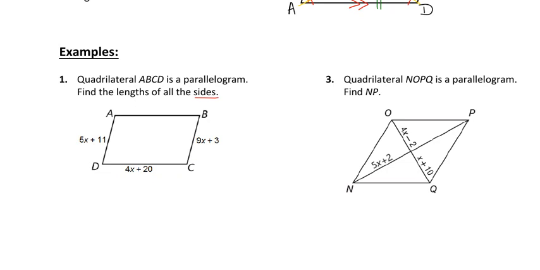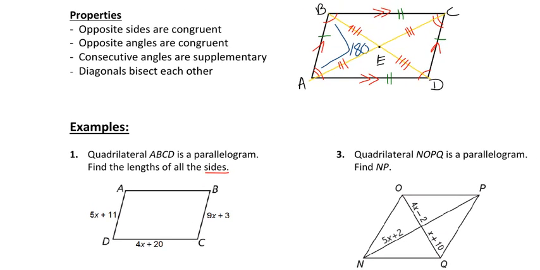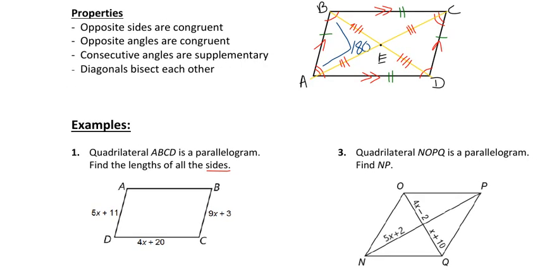And I'm given the representation of 3 sides, but I need to use one of these properties, and it has to be the one that is dealing with the lengths of sides, which is number 1 that says here, opposite sides are congruent. That's the only thing that I know. I do not know anything about consecutive sides, but I do know that opposite sides are congruent.